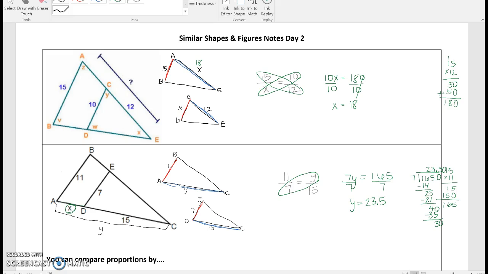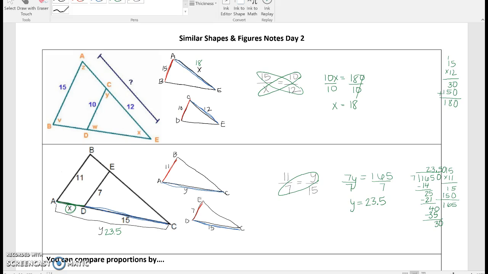So this little piece plus this blue side, 15, equals our y value, okay? So our y value is 23.5. So if I take this 15 piece away, then I'd have x, right?